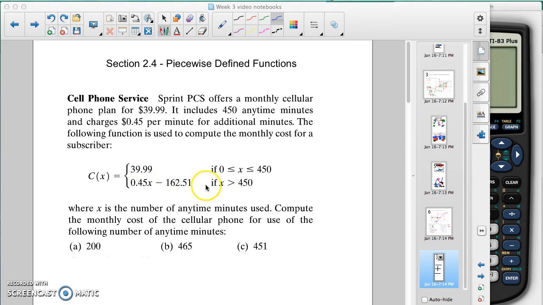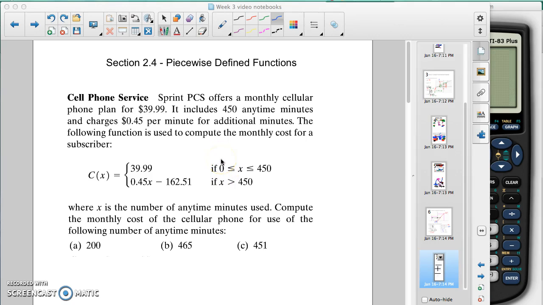So there's a second rule or function that's used to define this piece of this function. Anything greater than 450, we use a different rule to define what the values are. So a piecewise function can have multiple different rules depending on what the domain is.